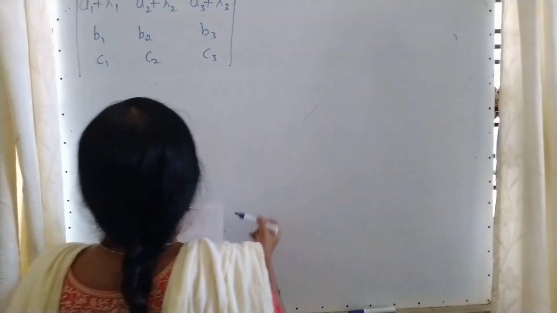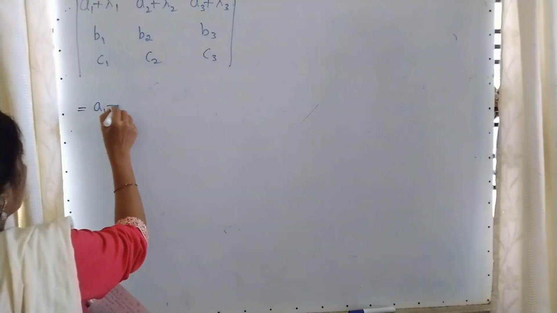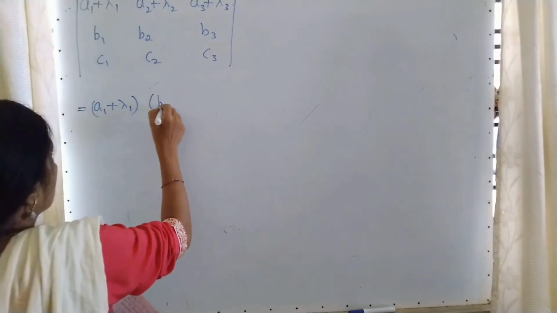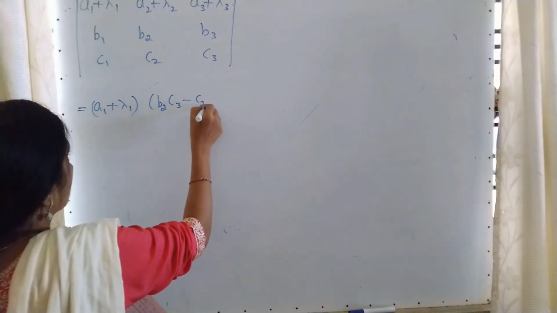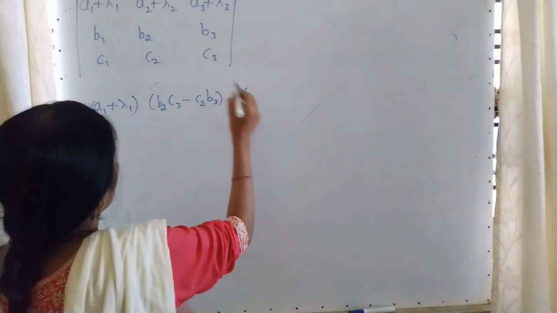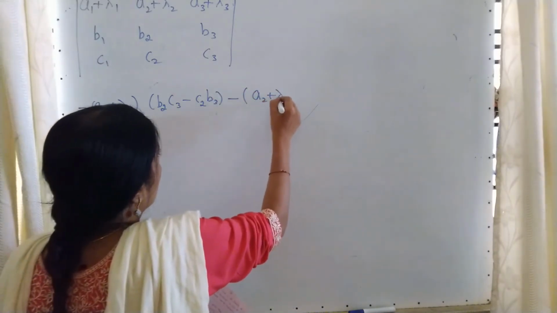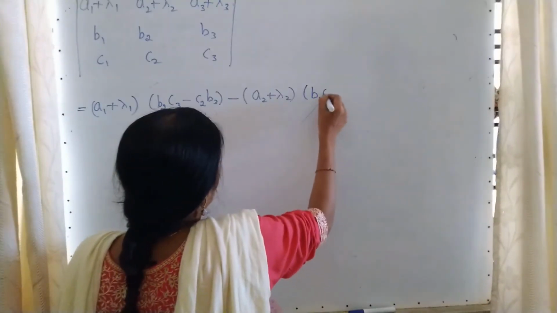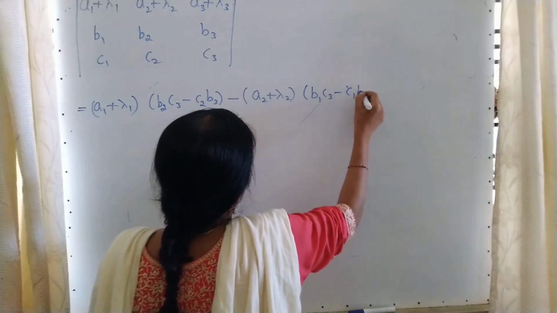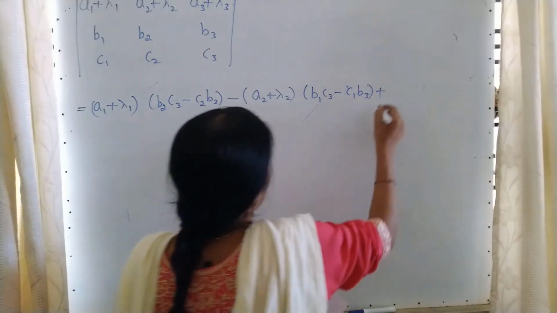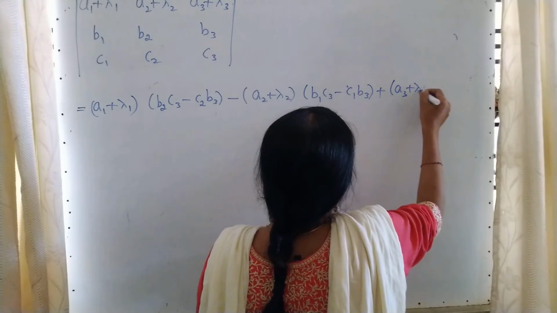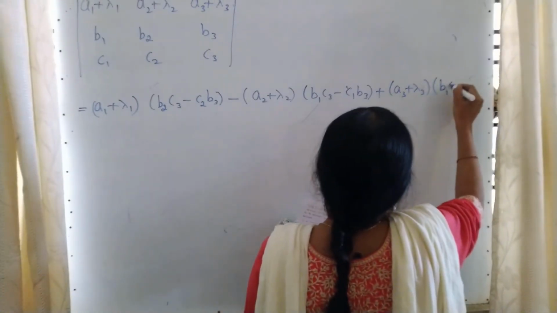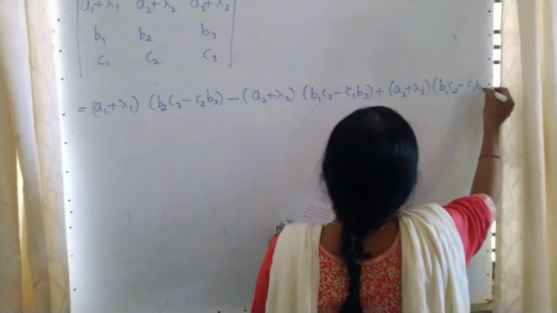Now expand it. A1 plus lambda 1, it lies in first row and first column, leave that. B2 C3 minus C2 B3, minus the second one, A2 plus lambda 2, it lies in first row and second column, leave that. B1 C3 minus C1 B3, plus A3 plus lambda 3, it lies in first row third column, leave that. B1 C2 minus C1 B2.